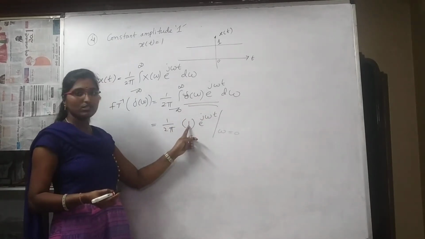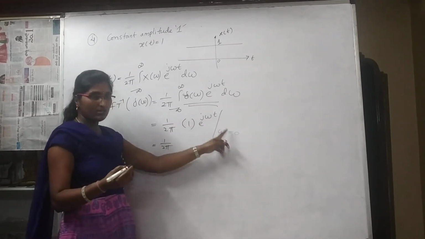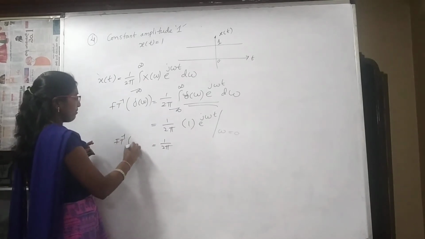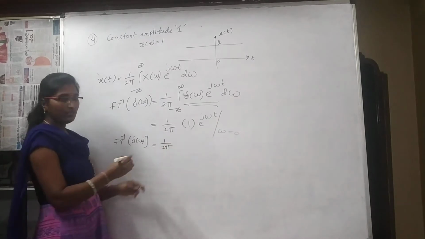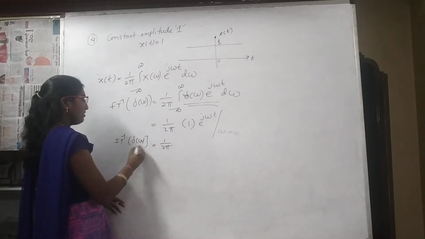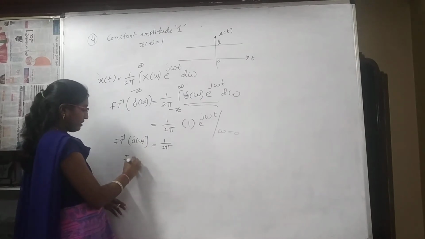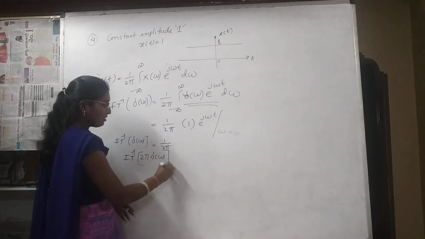The value is 1. Now substitute 1 by 2 pi. At the place of omega substitute 0, that is 1. You got the inverse Fourier of del of omega is equal to 1 by 2 pi. Then we can bring this 2 pi this side. FT inverse of 2 pi into del of omega, you got 1.